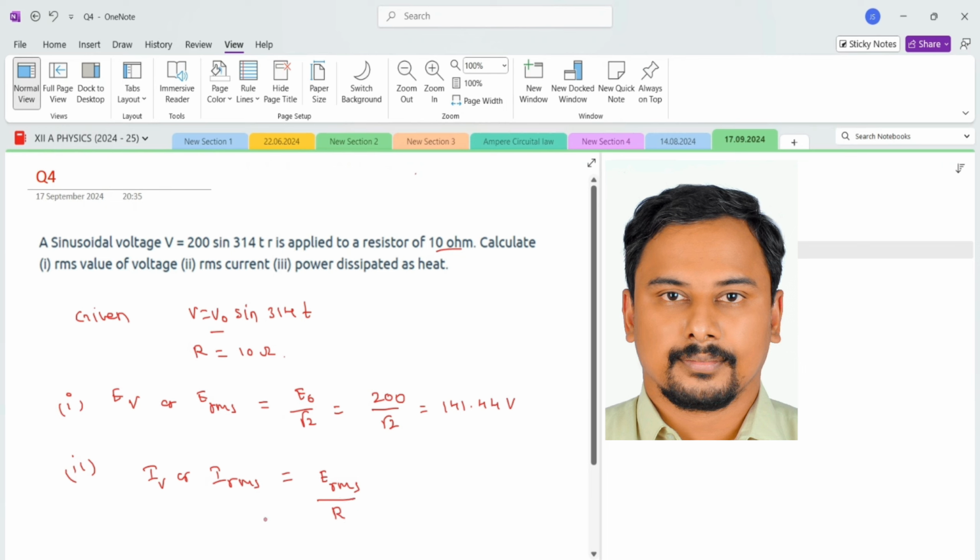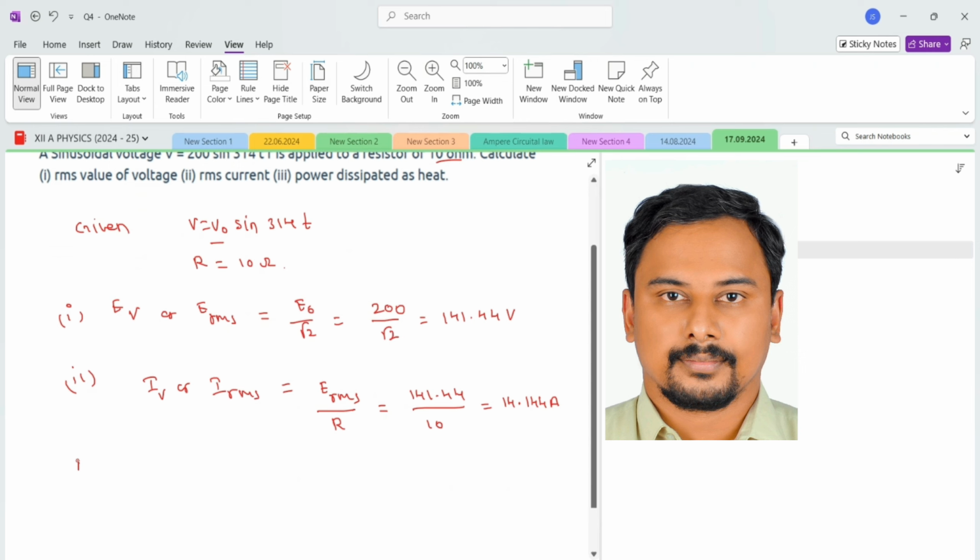V is equal to IR, so I is equal to V by R. We already got the E RMS value in the previous part, so 141.44 divided by 10. One decimal point moves, so 14.144 amperes. So this is the second part.